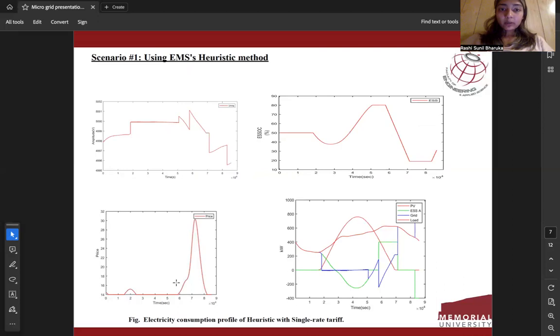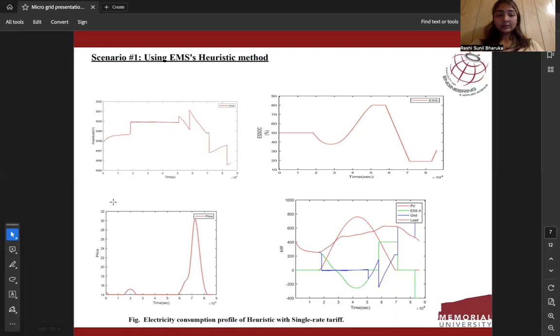These are the very important results, the overall results achieved in both cases, for the heuristic method as well as the optimization method.